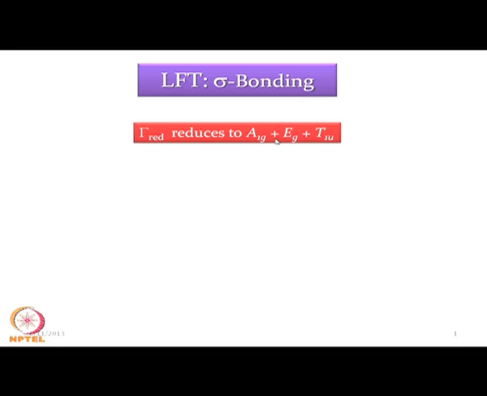So, only the Eg orbitals, that means the dz square and dx square minus y square orbitals, will be available for some amount of sigma bonding with the ligand symmetry orbitals. The first one we have seen is the A1g group orbitals, a totally symmetric level.